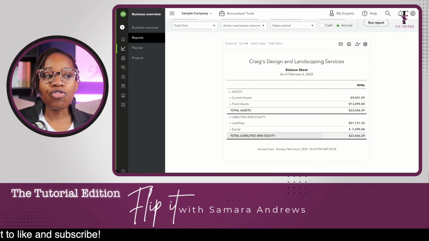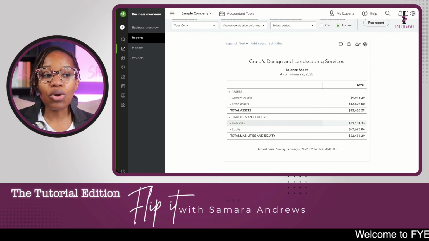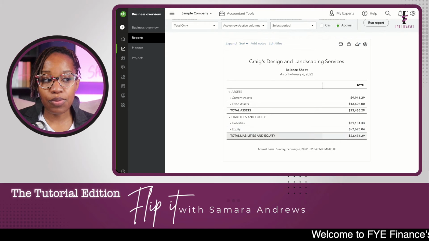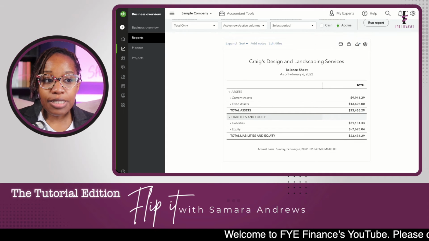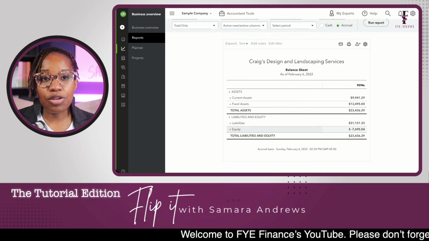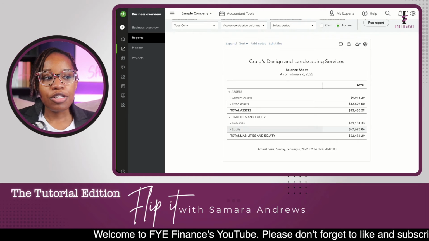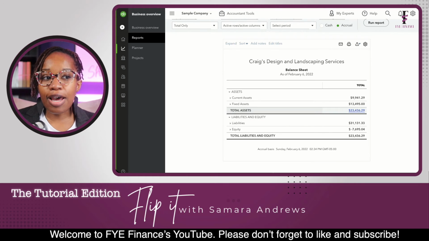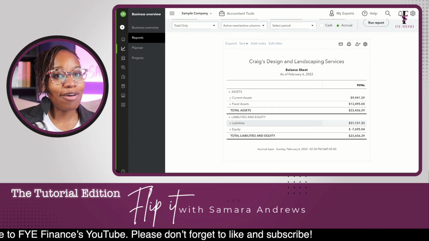Okay. So again, it's important to understand the three main sections of a balance sheet statement: your assets, your liabilities, your equity. Okay. So assets minus the liabilities is how you're going to get your equity. So if you have assets that are more than your liabilities, then you'll have a what?